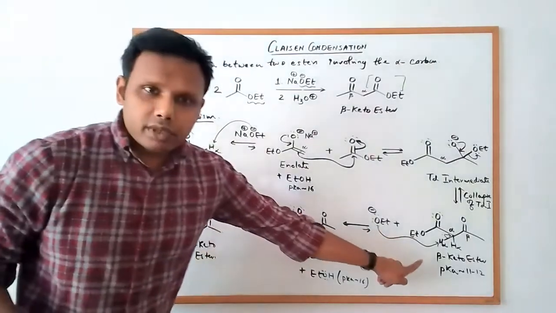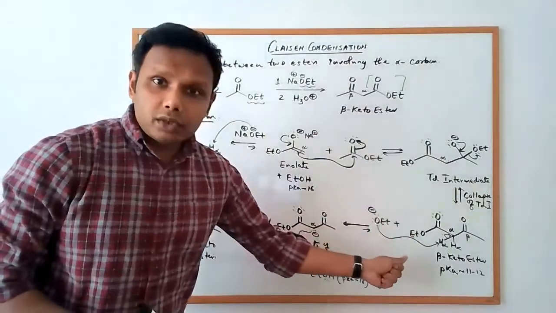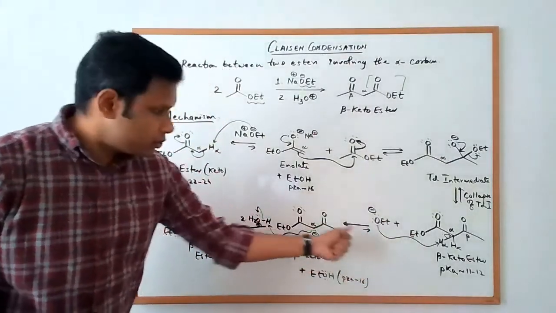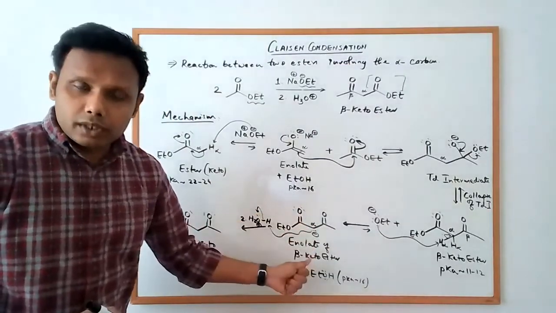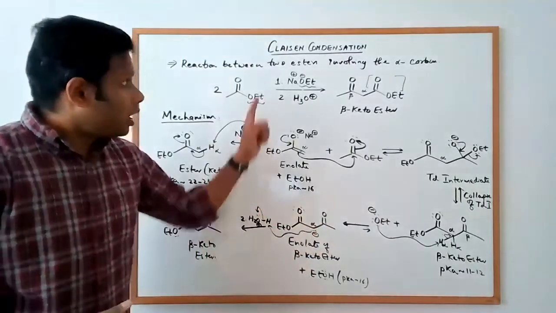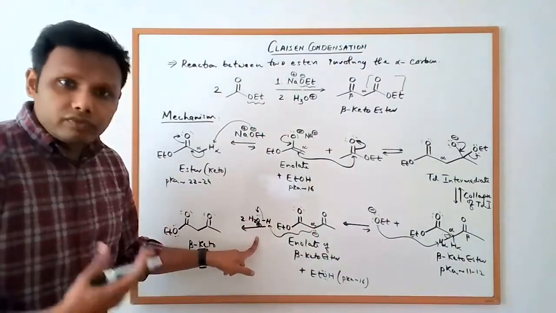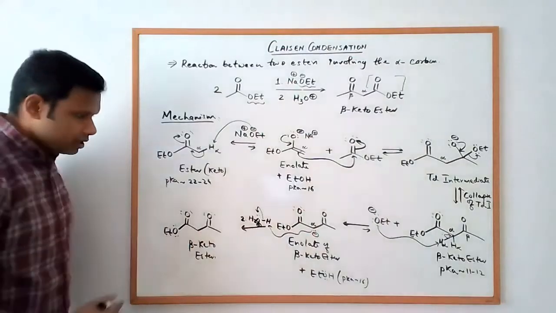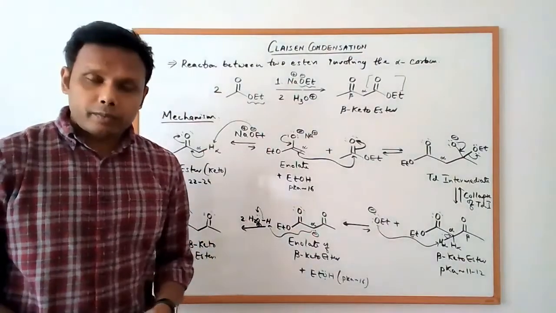So notice we make the beta-keto ester under basic conditions, but that beta-keto ester cannot survive under those basic conditions because it's going to get deprotonated. And you end at the enolate. That's sort of the resting state of the product under basic conditions. When we do the acidic workup, when we add the acid or do the protonation, then it gets converted back into the beta-keto ester. So that's how we get the product here.